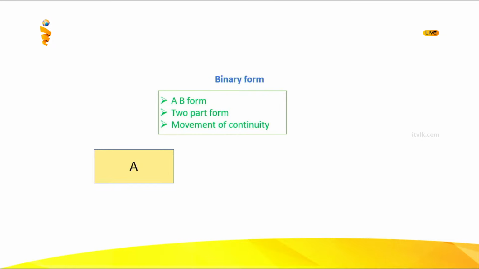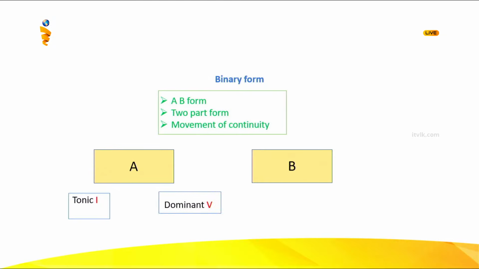There are 2 sections in binary form, section A and section B. Section A begins on the tonic and ends in the dominant, or the relative minor. And section B begins from the key in which section A ended, in the dominant, and ends in the tonic.